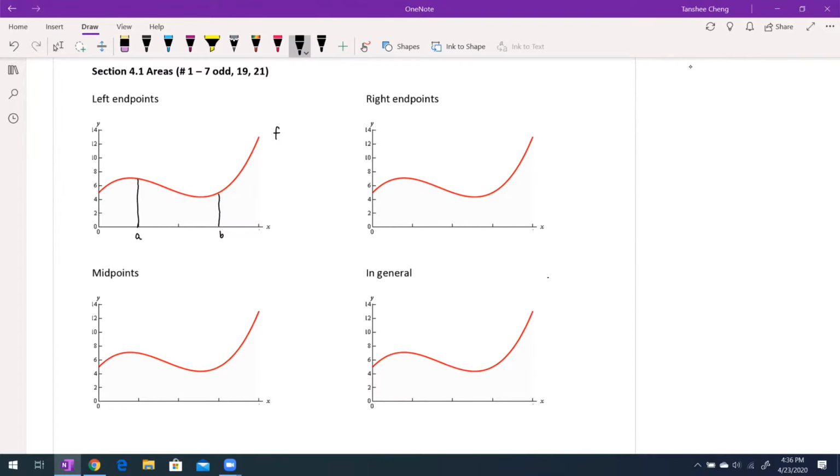So one way to approximate is to break this region down into many different shapes, and then approximate this area under the curve with the areas of those shapes. And probably that's something we learned in grade 1 or grade 2 when we started talking about areas, counting the unit squares and so on and so forth.